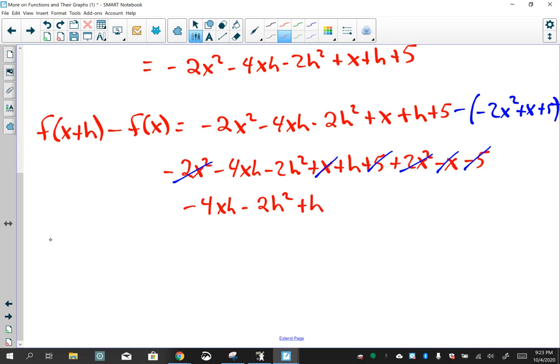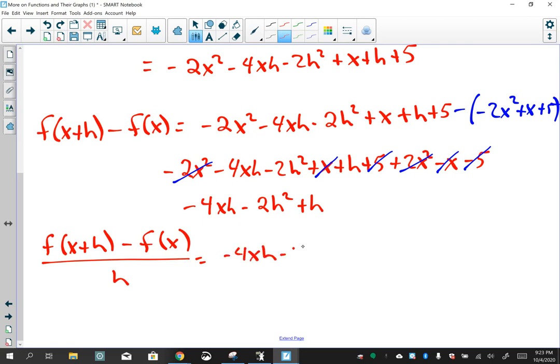So now we're going to come over here and say, okay, f of x plus h minus f of x. Now we're going to go all over h. So I'm going to take this line right here, and I'm going to write it there. And then I'm going to divide everything by an h.